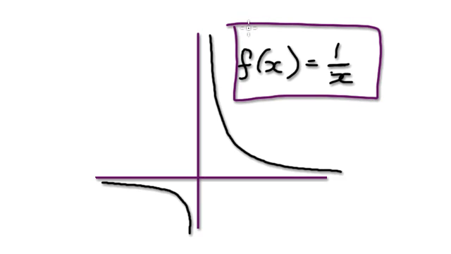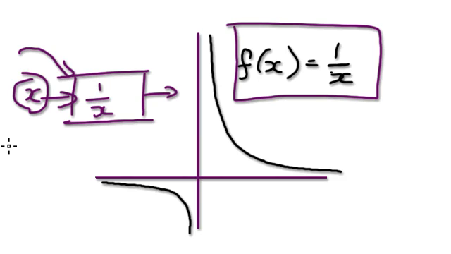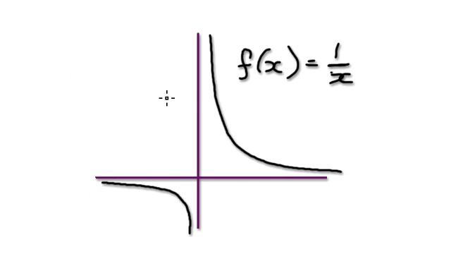At the moment you've got a machine that's like this, 1 over x, and then you put whatever number into here. Well, the domain is what you're able to put in this machine that will make sense. So, for example, you can put any number along the number line, except one number, except the number 0.